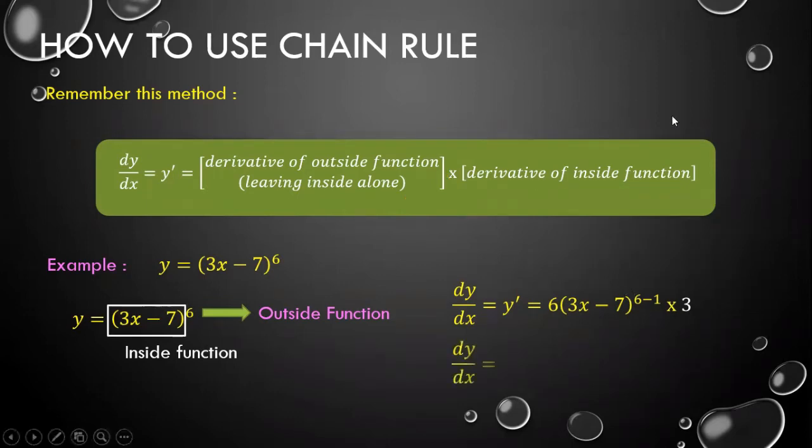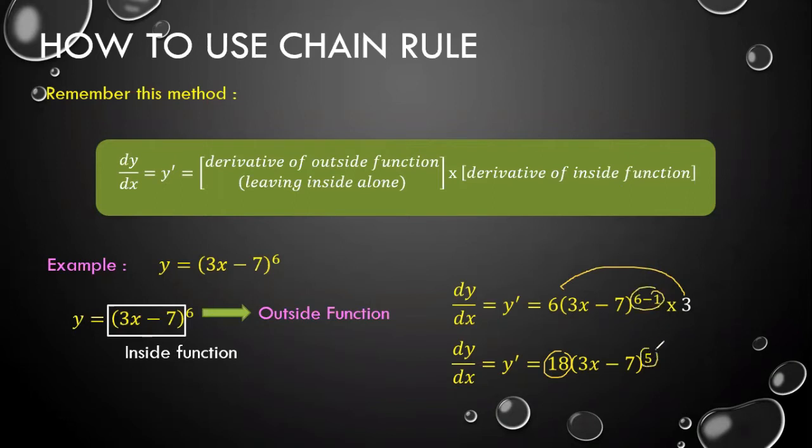Next, dy over dx or y prime is 18 times (3x minus 7) to the power of 5. Okay? 6 times 3, we got 18. And then (3x minus 7) to the power of 5, because 6 minus 1 is 5.